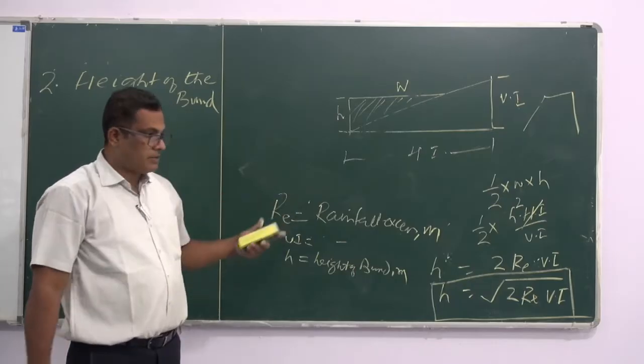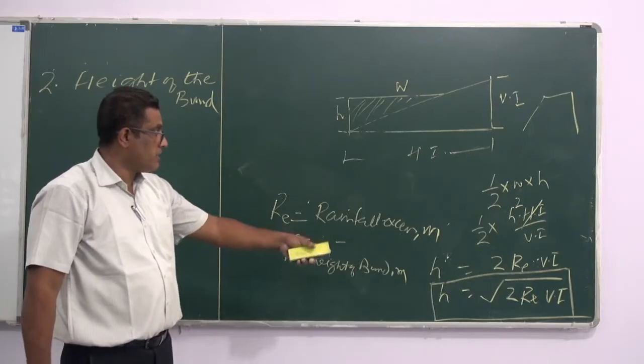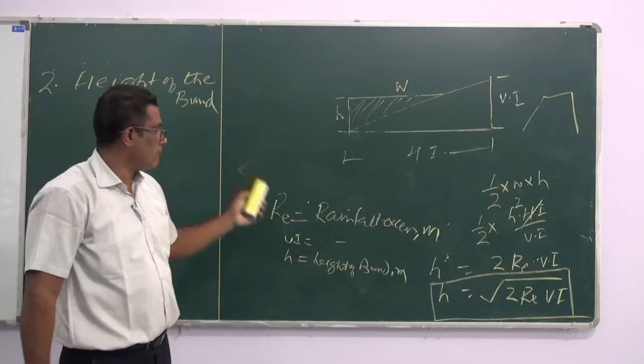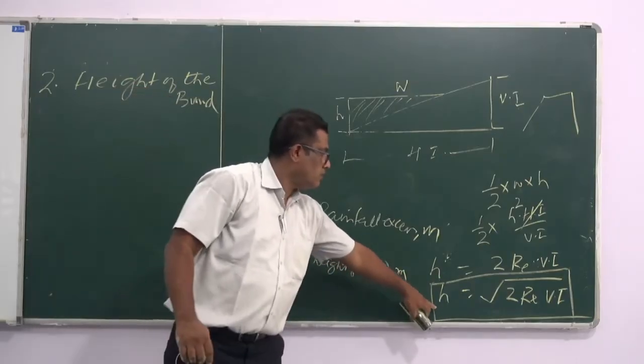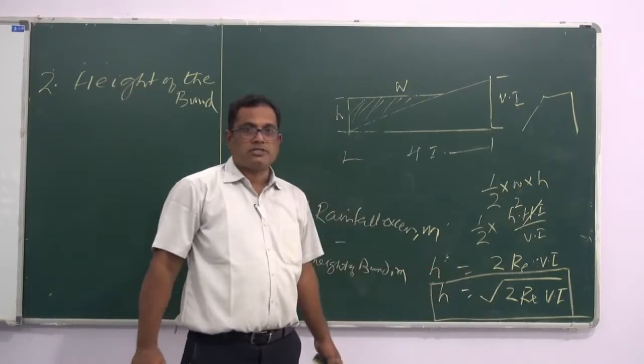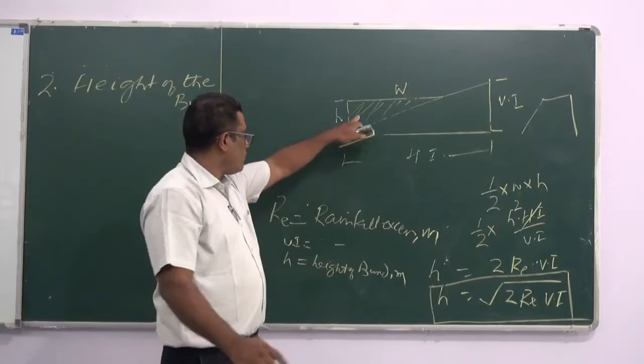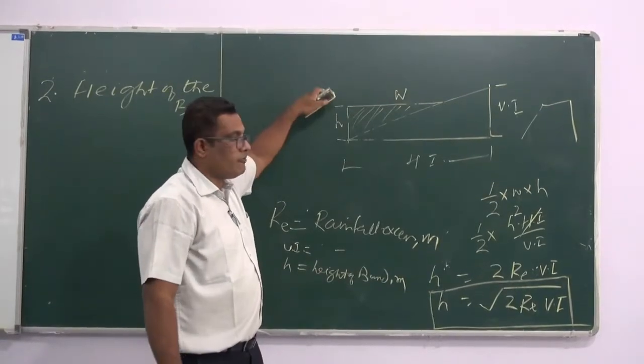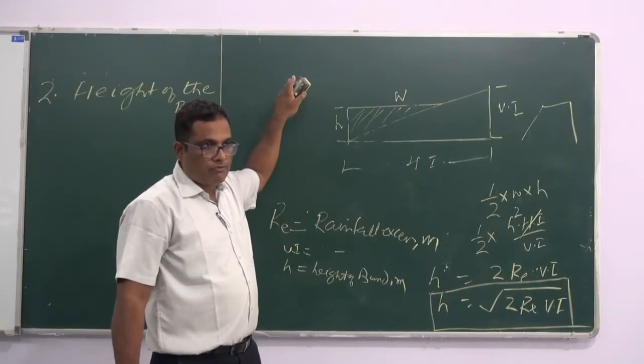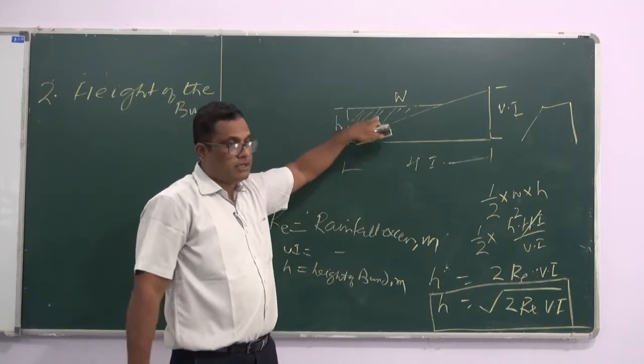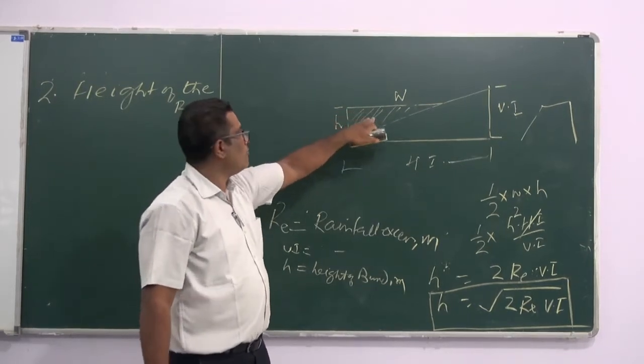Whenever there is some problem based on this height or cross-sectional area of the bund, we have to find the height through this. The concept of RE is, if rain is falling, does the total rainfall which falls on this area form this impounding water?